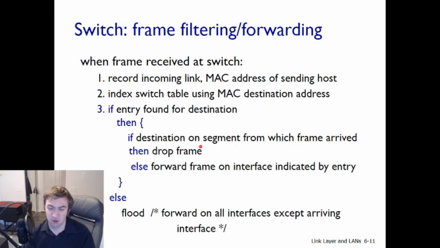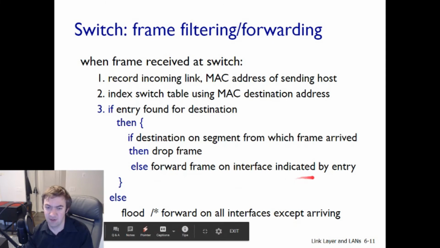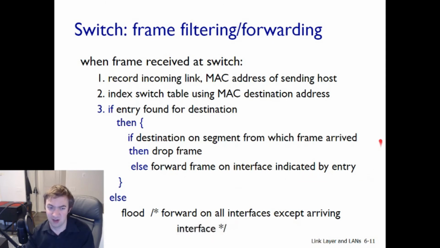If so, that means this was probably broadcast already, and we can just filter or drop the frame. If the destination is different from the sender, then you forward the frame along the interface indicated by the entry in the table. If the table doesn't have an entry for the MAC destination, then you forward on all interfaces except for the one that already sent the frame out to try to figure out where that destination is.